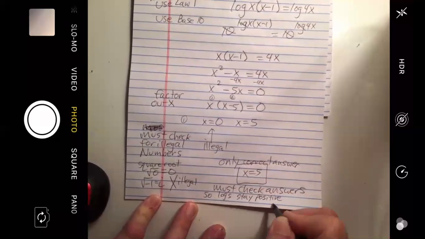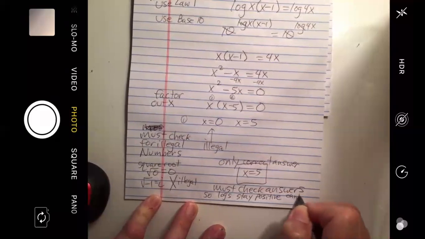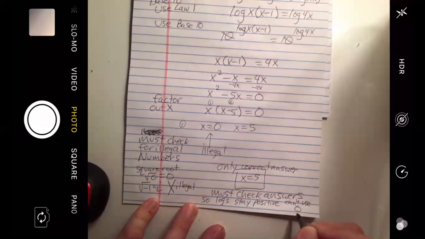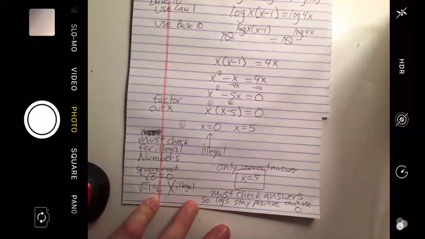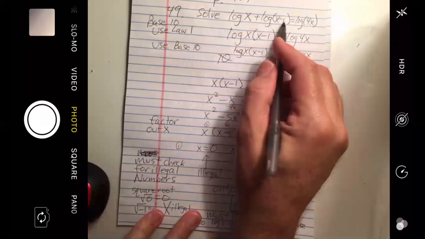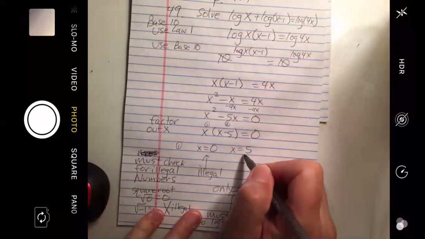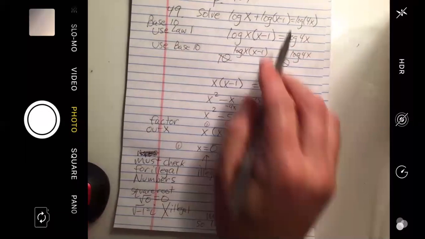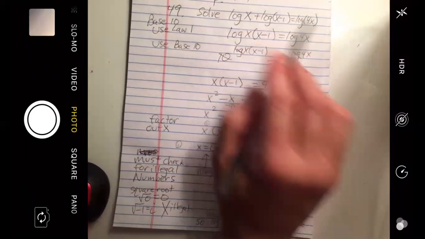That means you can't even use 0. Technically, 0 isn't positive. 0 is the boundary between positives and negatives. So if it had been x minus 6 instead of x minus 1, we wouldn't have been able to use it. If it had been an x minus 6 and you'd come up with 5, that's right, 5 would have been illegal, because 5 minus 6 would have given you a negative here, and that's illegal.